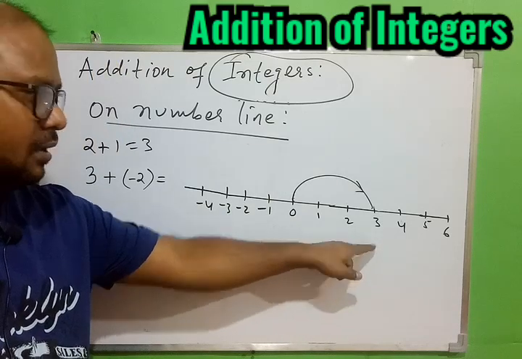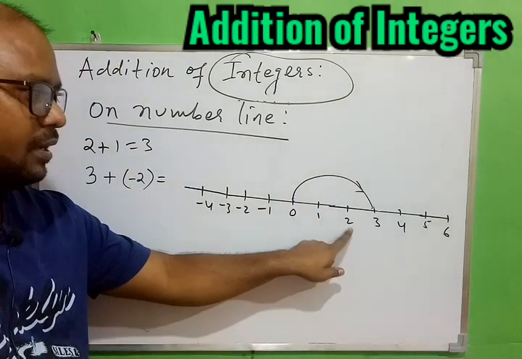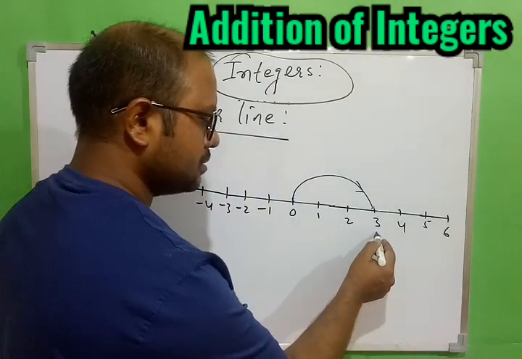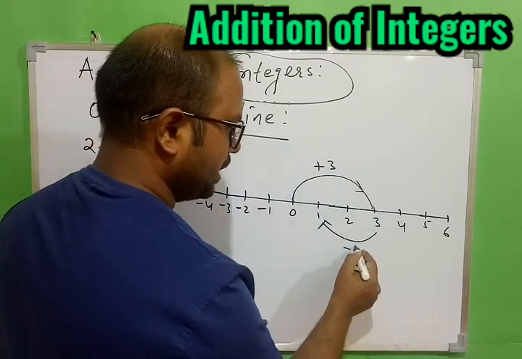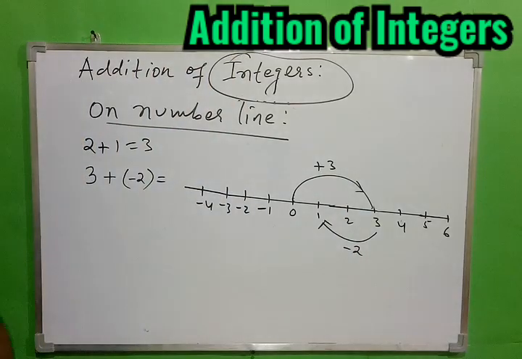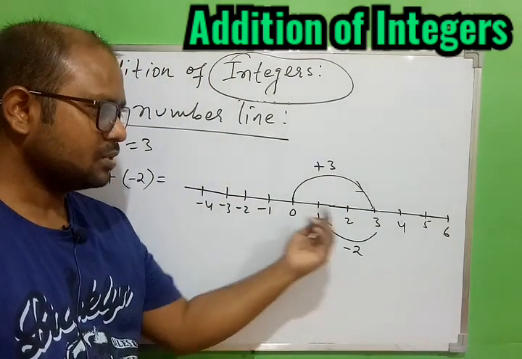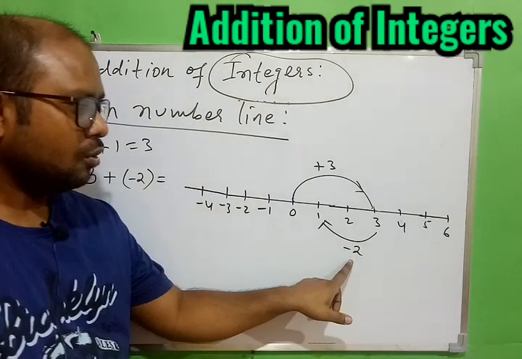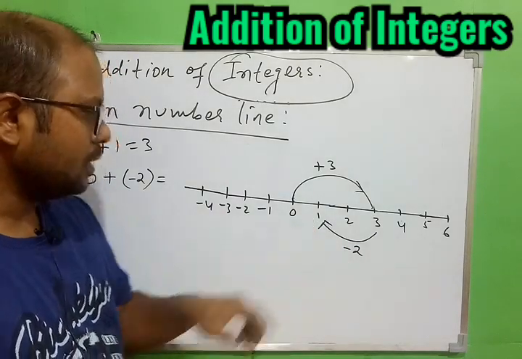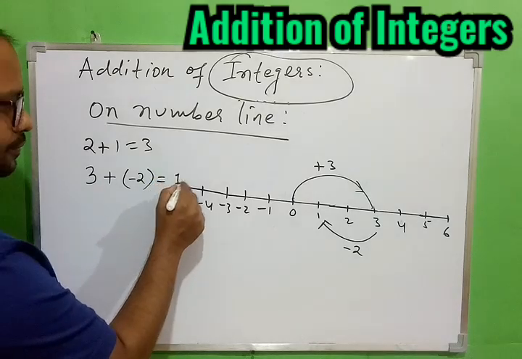So this is showing you plus 3, this is showing minus 2. So minus 2 means you are coming back starting from 3, and how much back do we have to come? 2. So overall where are you finally? That is 1. So the answer is 1.